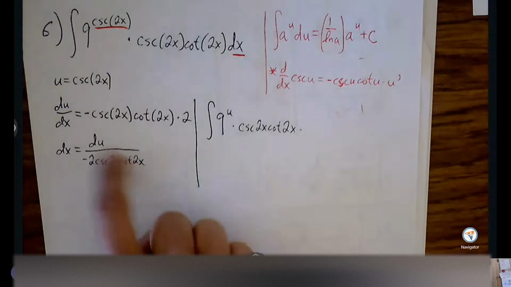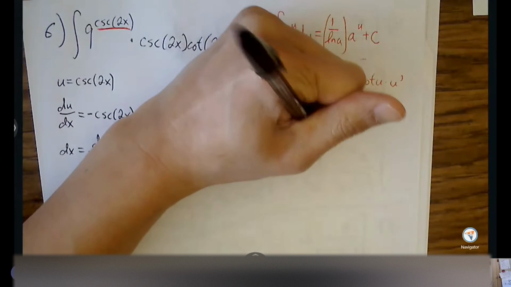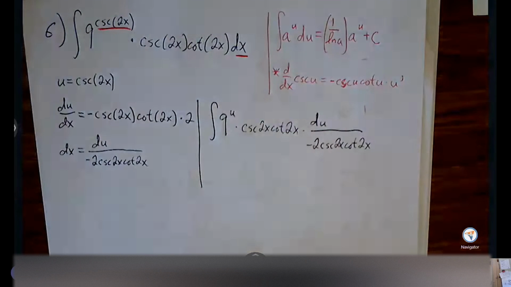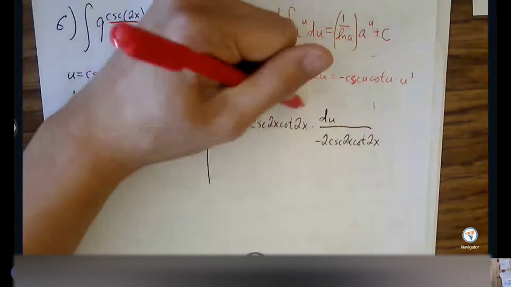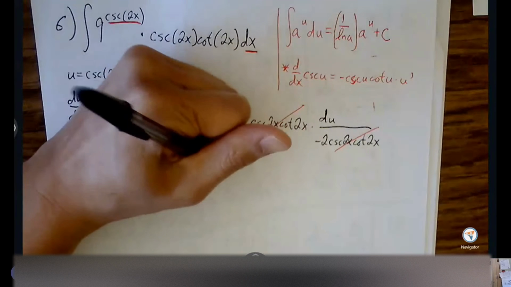Replace dx with du. All right, what goes away? Cosecant 2x cotangent 2x. Leftover of -1. Yeah. So keeping track of those things, right? Negative 1/2 comes out in front.